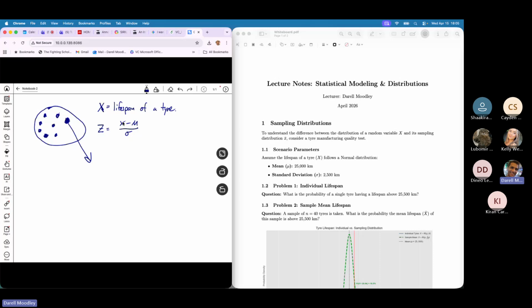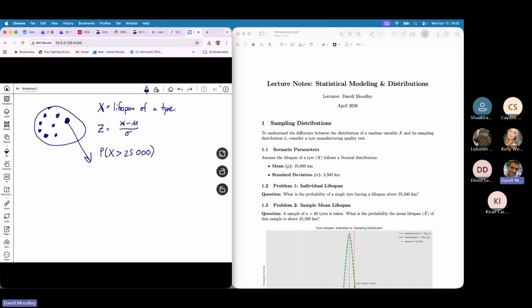If I chose one tire, I want to work out the probability of any of these tires having a lifespan of above 25,000 Ks. So that means I would need to work out the probability that X is greater than 25,000. Okay, because I want to determine the probability that the lifespan of any of these tires is above 25,000 Ks.